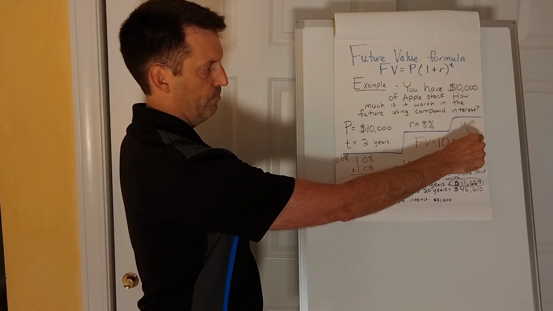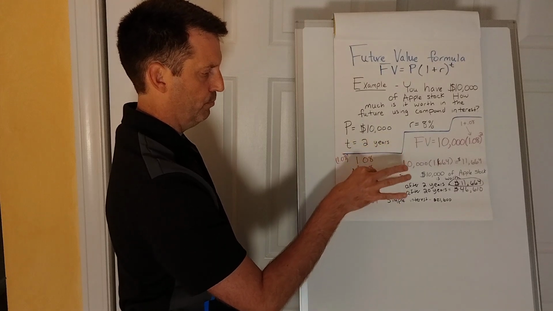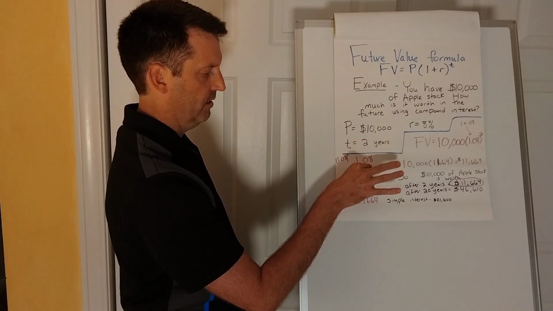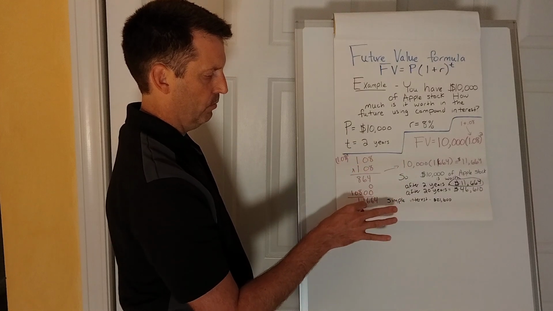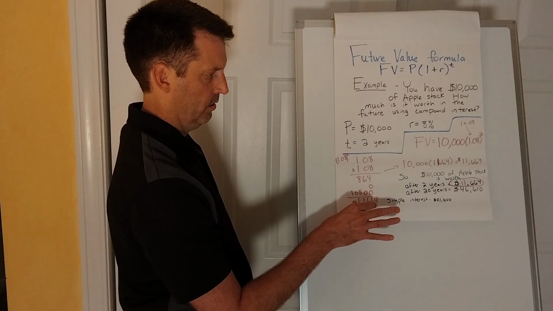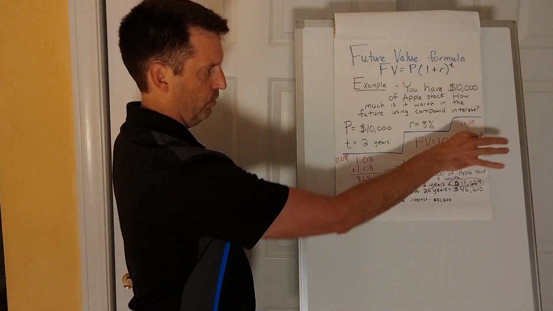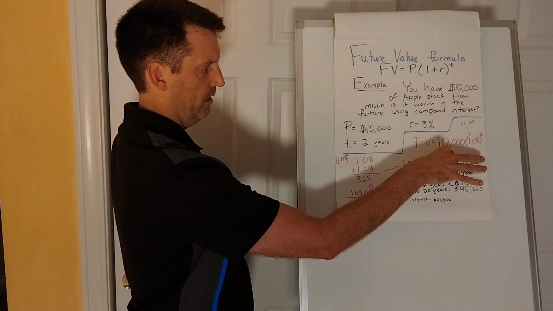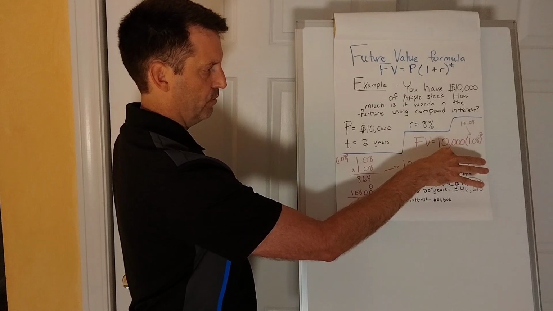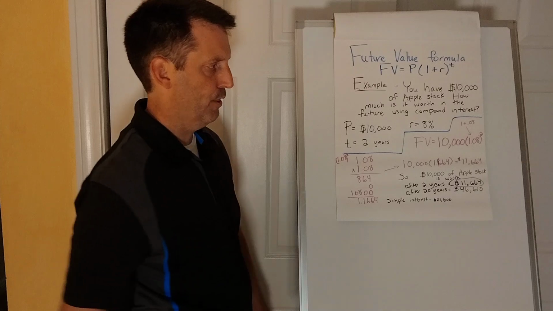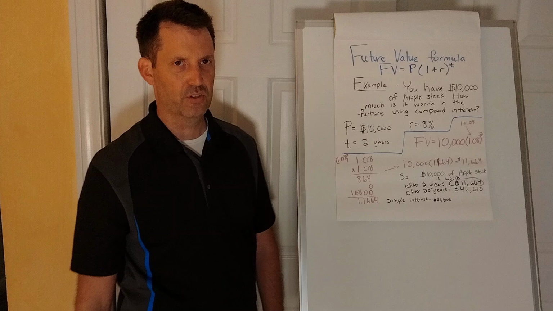So you're going to multiply this by itself one time, or square it. 1.08 times 1.08 is 1.1664. So we're going to put that here. It's the same thing as 1.08 squared, but it's simplified. We take 10,000 times 1.1664, and you get $11,664.